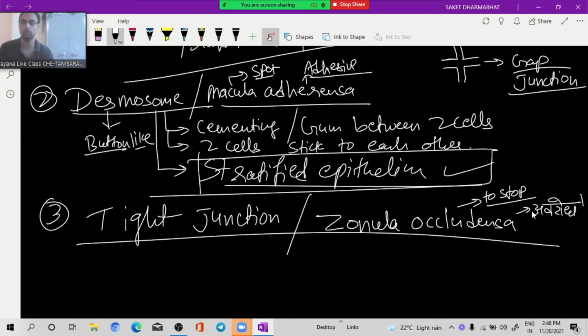Suppose you are going to a railway crossing and a train is about to pass. What do they do? They put down the gates so that they stop you.